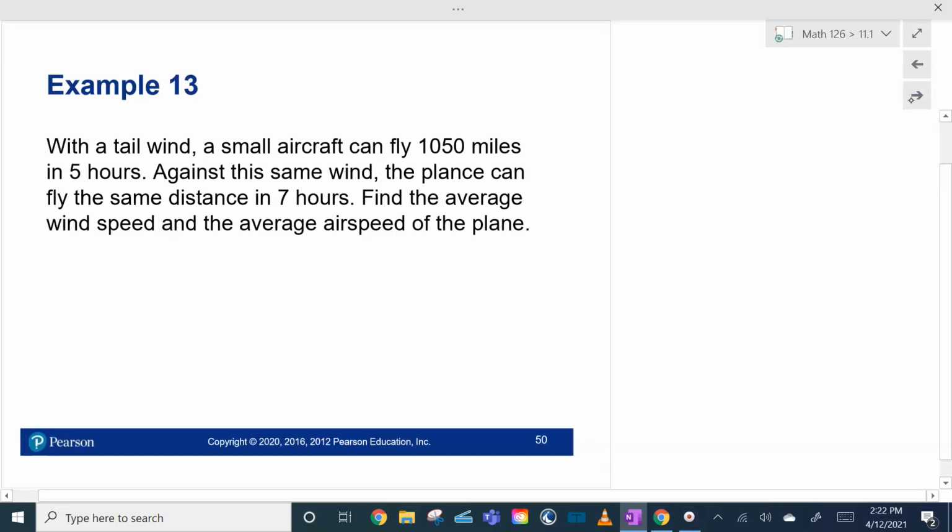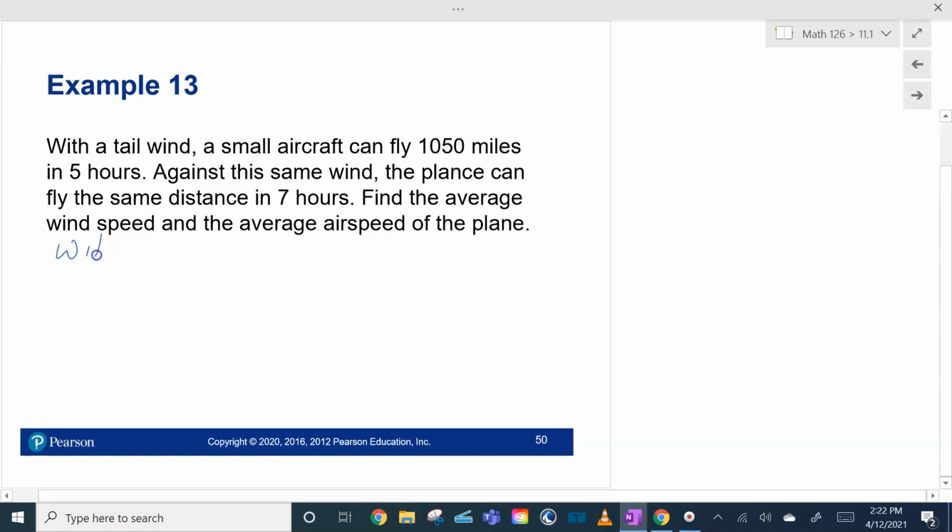Let's do another one. This is a distance, rate, time situation with a tailwind. A small aircraft can fly 1,050 miles in 5 hours with the wind. The plane can fly the same distance in 7 hours against the wind. Find the average wind speed and the average airspeed of the plane.